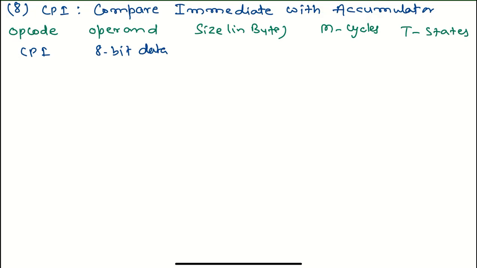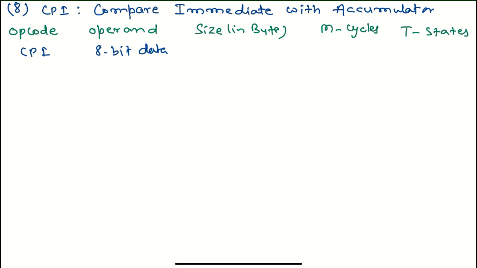The mechanism of the functionality will be very similar to CMP, which I explained in the previous video. Here the carry and zero flags are used to reflect the result.